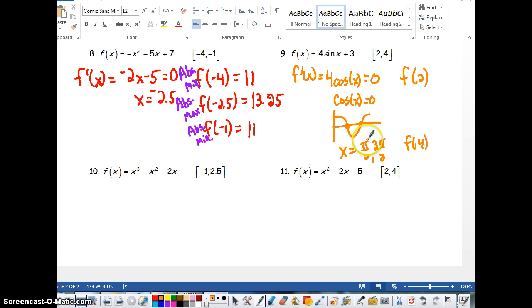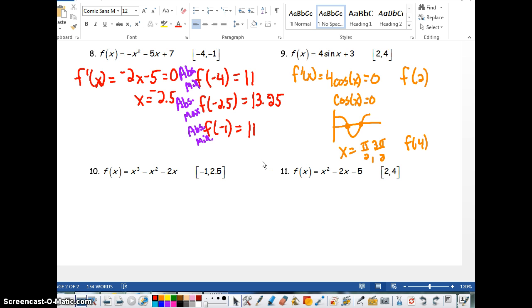Pi divided by 2 here is 1.57, which is not between my 2 values, so we don't need to worry about that. Whereas the 3 pi over 2 is between those 2 values, so I am going to have to go through and look for those.